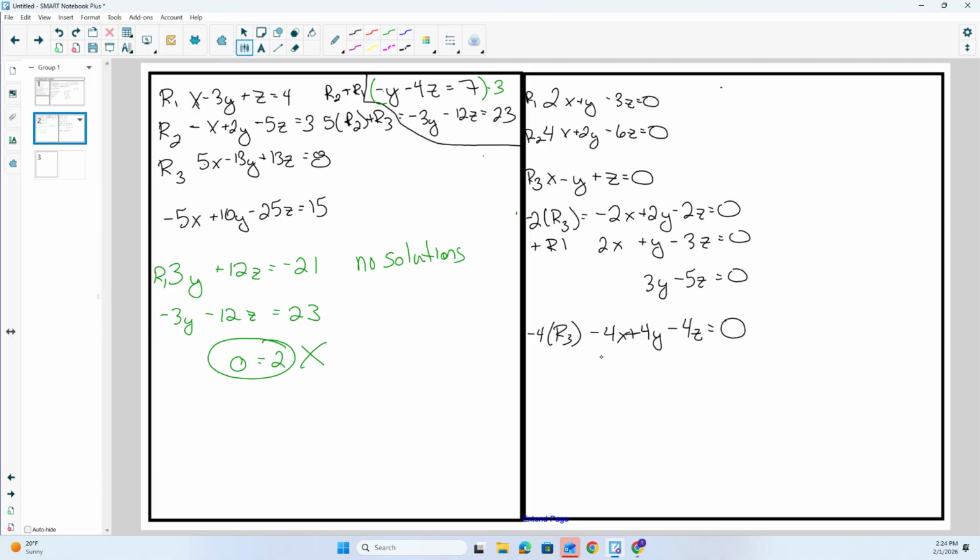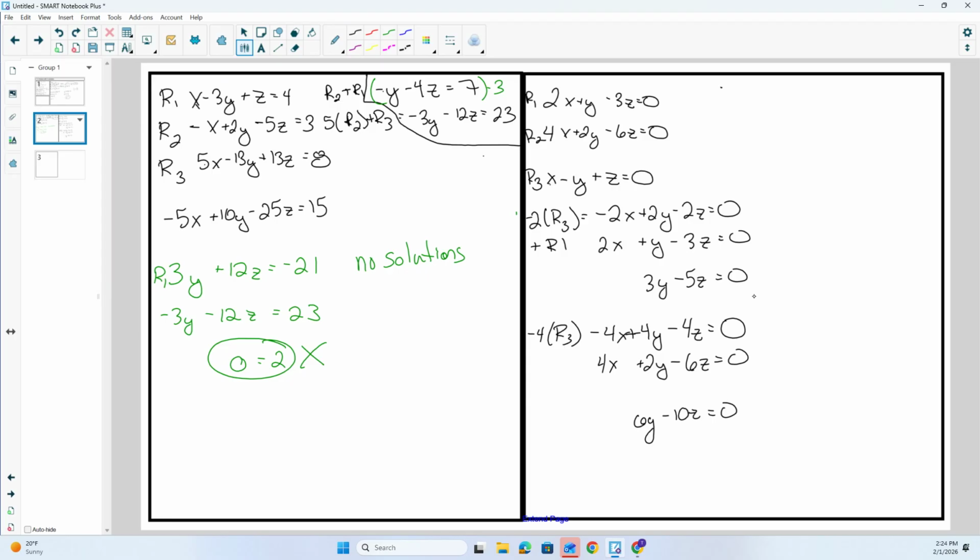And now I'm going to add that to my R2, which is 4x plus 2y minus 6z equals 0. This gives me 6y minus 10z equals 0.